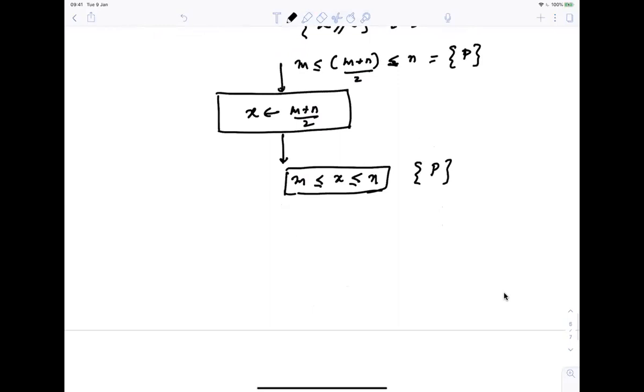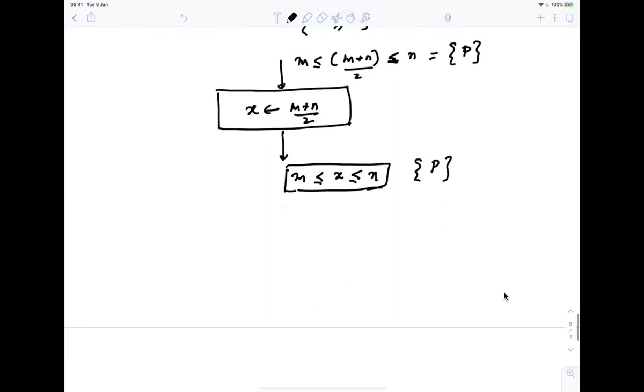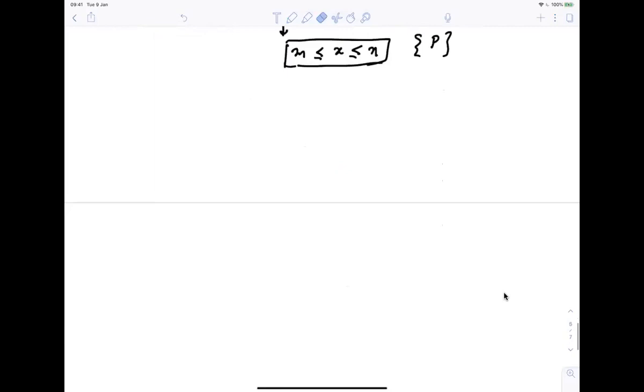The next rule that we're going to talk about is what we call compound statements. Let us see what a compound statement is. What we just saw was that in the assignment statement, the truth value that an expression takes does not change. An expression is assigned to a variable.